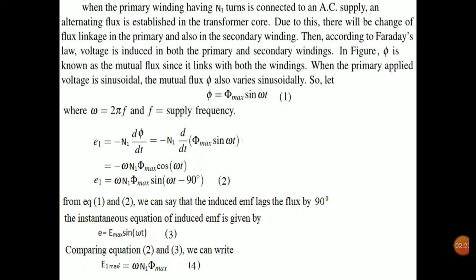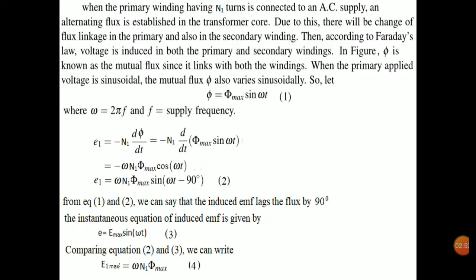Now we will convert the cos omega t into sin omega t. We know that cos omega t we can write as sin of 90 minus omega t, but here we have minus cos omega t, as you can see in the equation minus omega N1 phi max cos omega t. Let us convert minus cos omega t into sin of omega t minus 90. So we can write the equation as E1 is equal to omega N1 phi max sin of omega t minus 90.